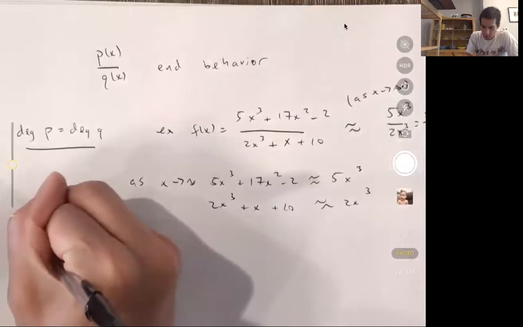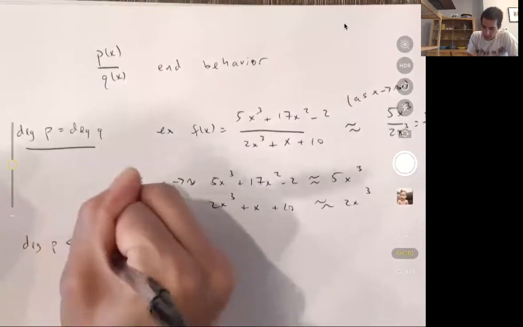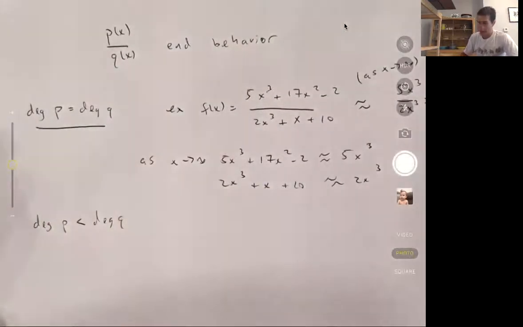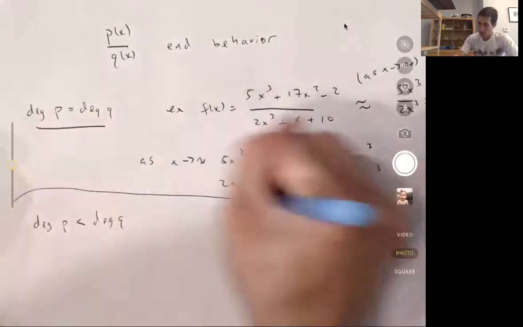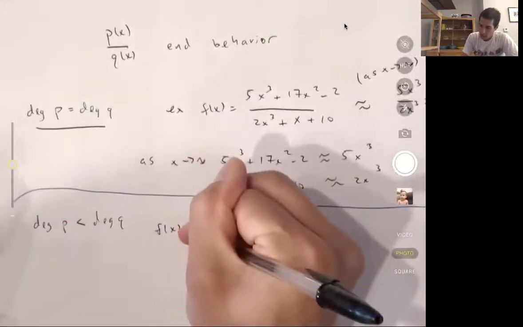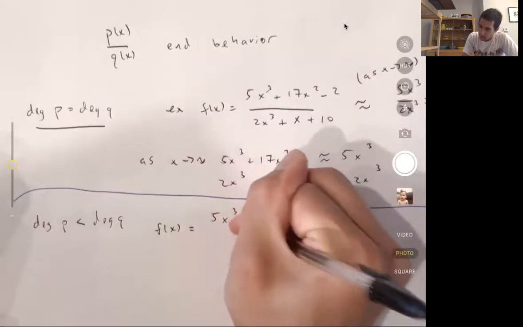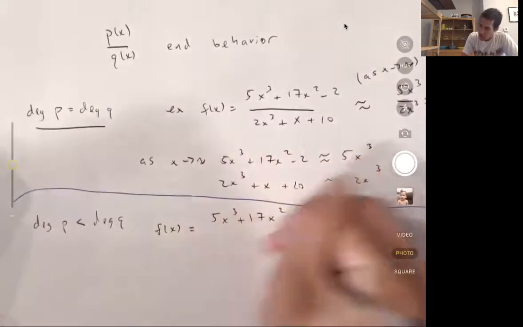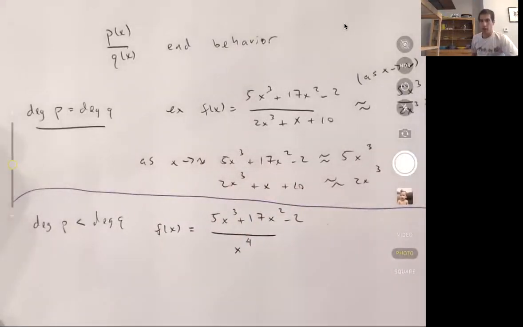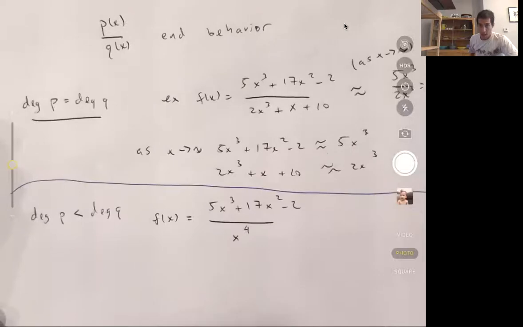What happens when the degree of p is less than the degree of q? So now, let's do an example. F of x, let's use the same numerator, 5x cubed plus 17x squared minus 2, and let's divide just by x to the 4th now. So now the degree of the denominator is bigger. And this reasoning is going to be true for any polynomial of degree bigger than 3.